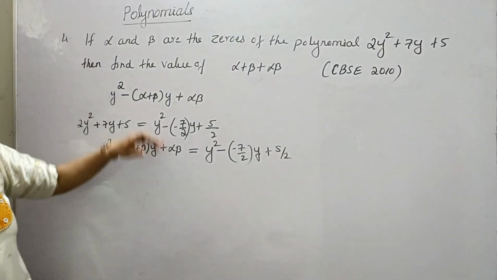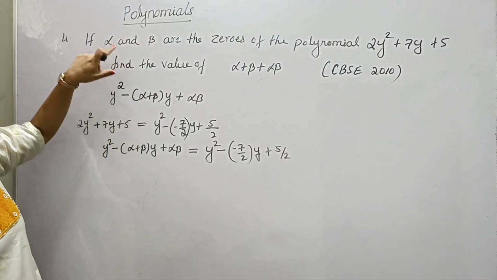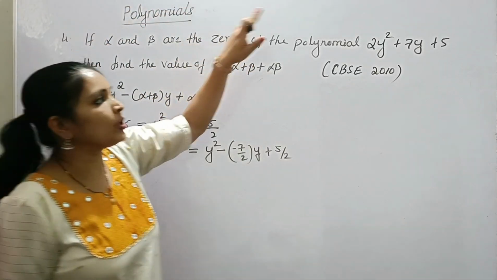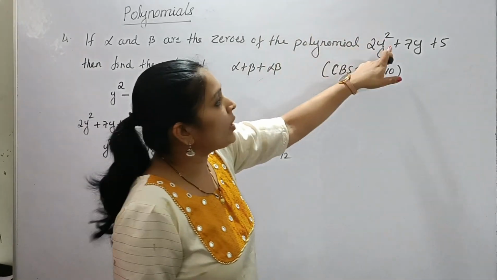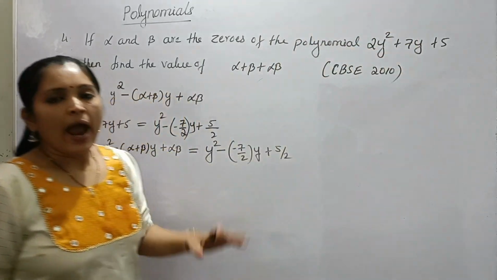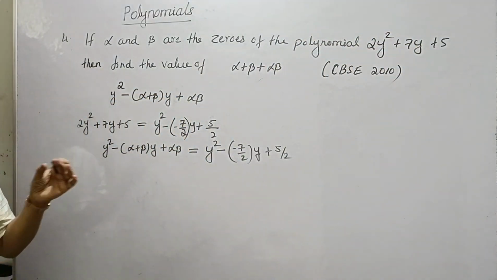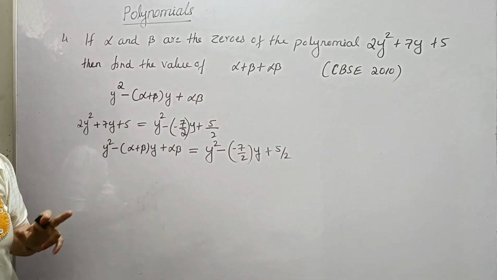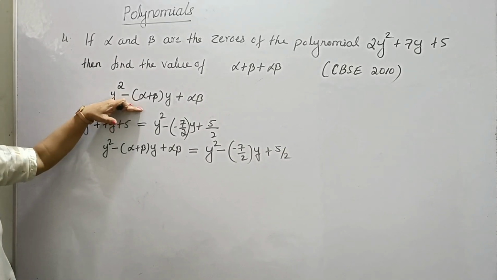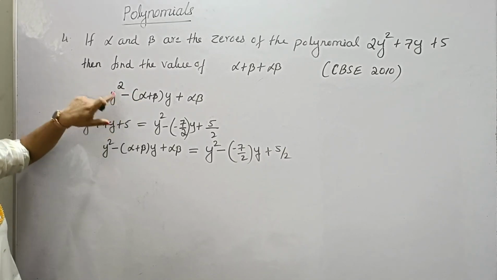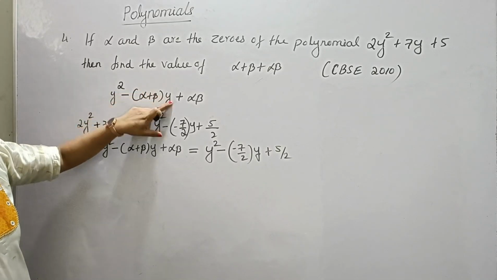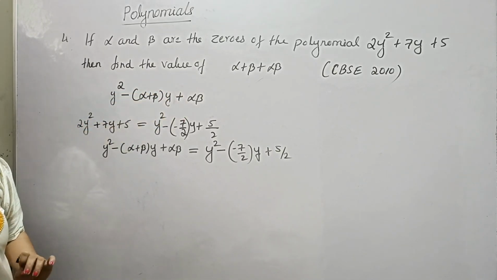Understood? It is given that alpha and beta are the zeros of the polynomial 2y square plus 7y plus 5. And we know that if alpha and beta are the zeros of the polynomial, then the quadratic polynomial will be y square minus alpha plus beta into y plus alpha into beta. Right?